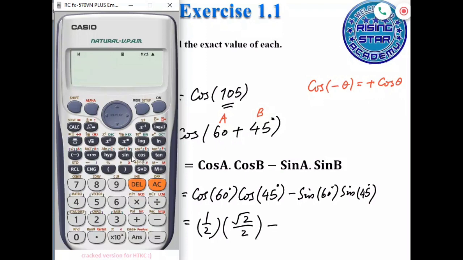Then we will check sine of 60. That is square root 3 over 2. And then we will check sine 45. Then it is square root 2 by 2. Now in the next step, we will multiply them to make the final answer.